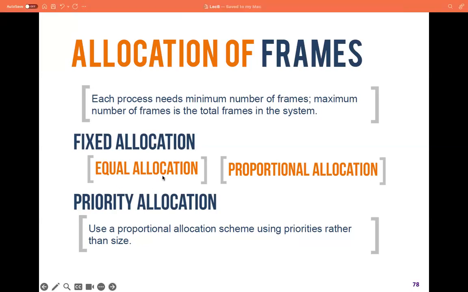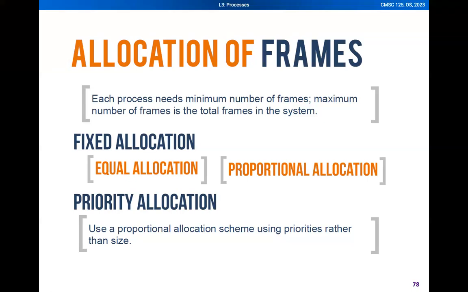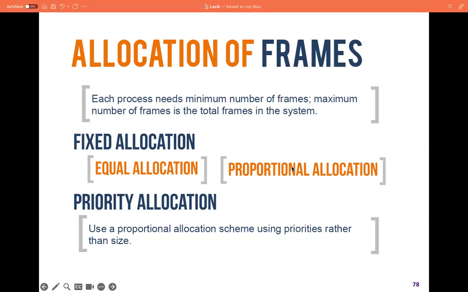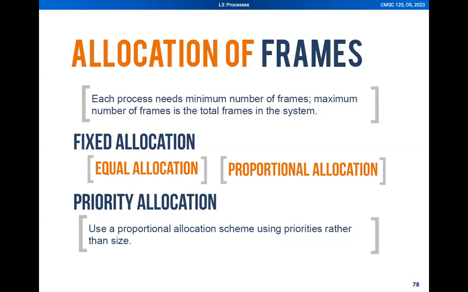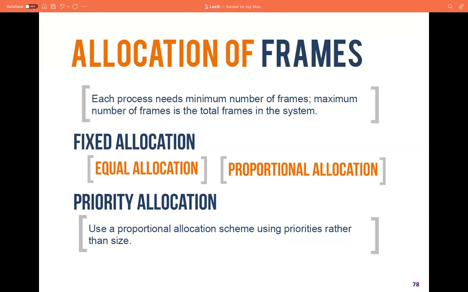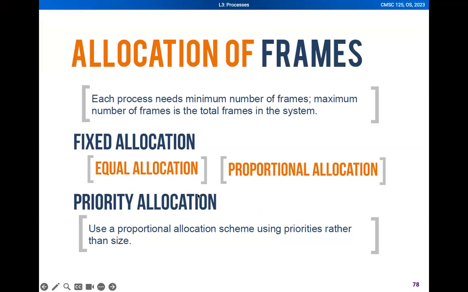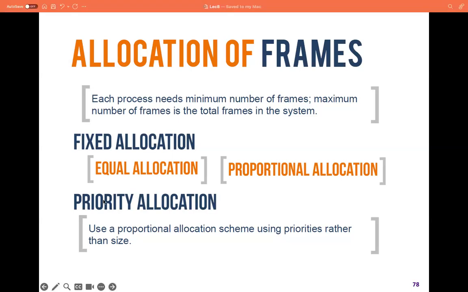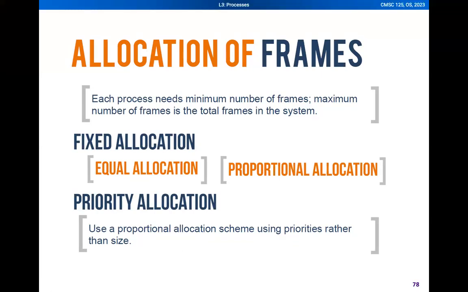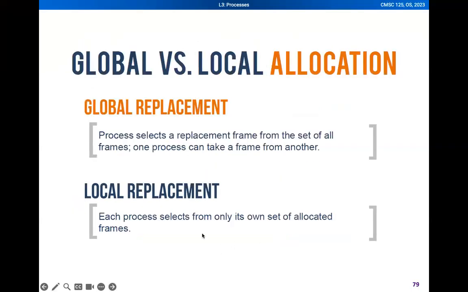Equal allocation means each process will have an equal number of frames, while proportional allocation means the number of frames allocated to a certain process will be proportional to its needs. Or it may use priority allocation, wherein we allocate a certain number of frames based on priorities rather than the size.